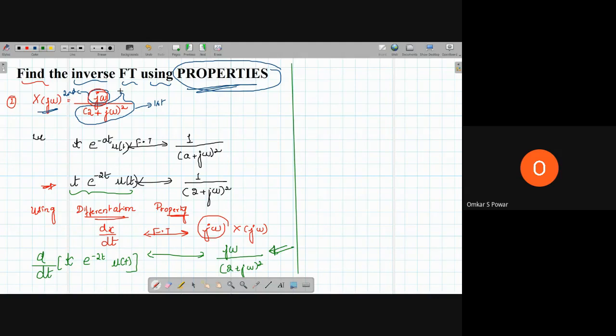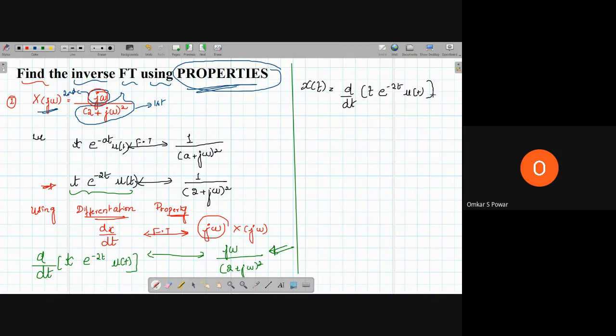So let us do the differentiation and simplify things. Your corresponding time domain signal x of t is equal to the differentiation of t e power minus 2t u of t.